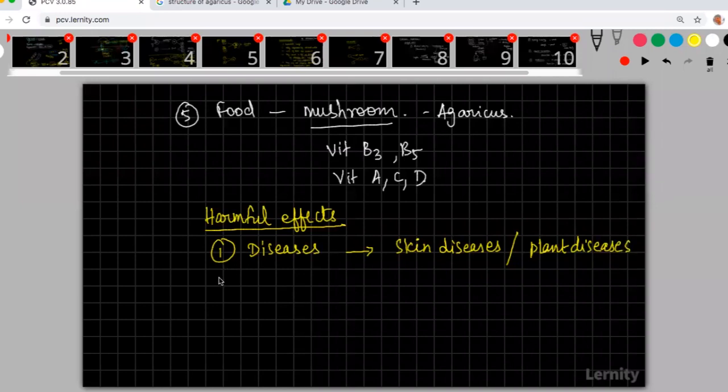There is a huge lot of diseases which we'll study in 12th standard, the disease names and all. You please understand that ringworm is one thing. Ringworm is a common disease. Athlete's foot. These are all examples. Then it can cause food poisoning.